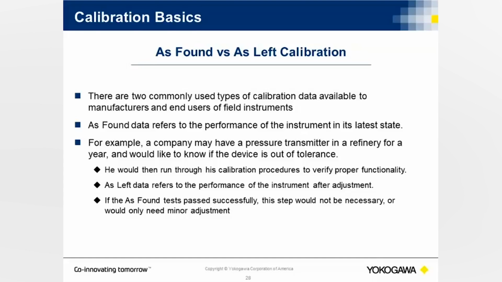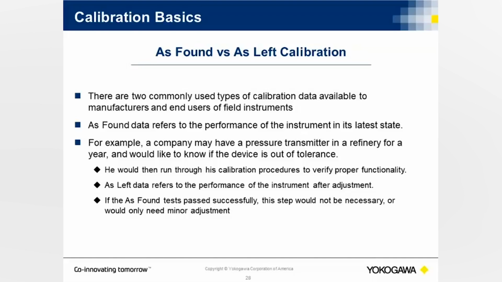However, if any one or more tests fail, then adjustments would be the next step. Adjustment involves using a known reference, which in this case would be a calibrator, with a transmitter, and essentially adjusting the values in the transmitter so that they are properly aligned with the pressure that they're measuring.